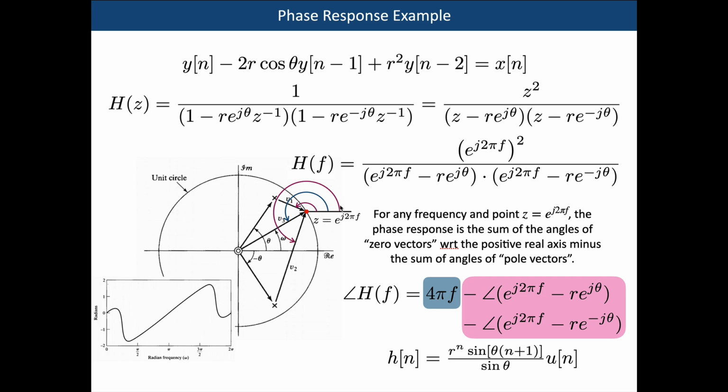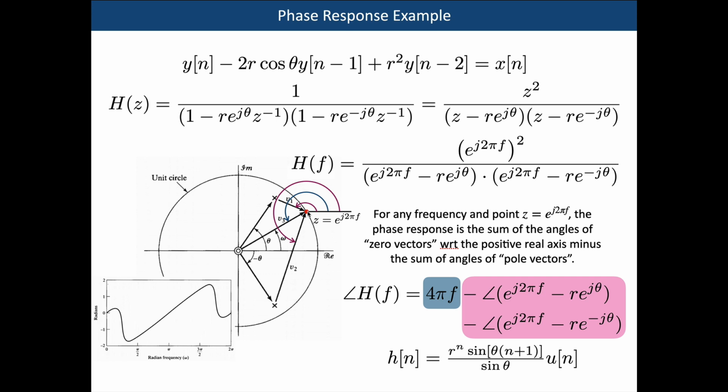So we're going to have the sum of those two angles, and then the zeros contribute this other angle that's shown here in blue that goes around to the zero vector, the vector that points from the zero to the point on the unit circle in question.